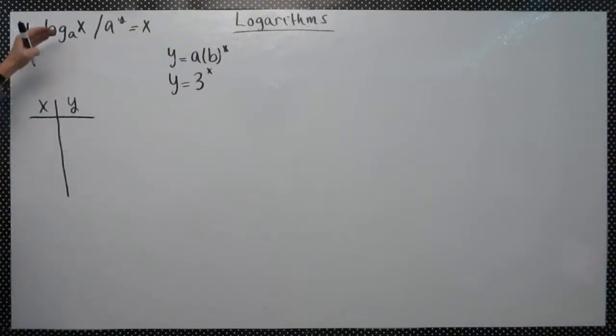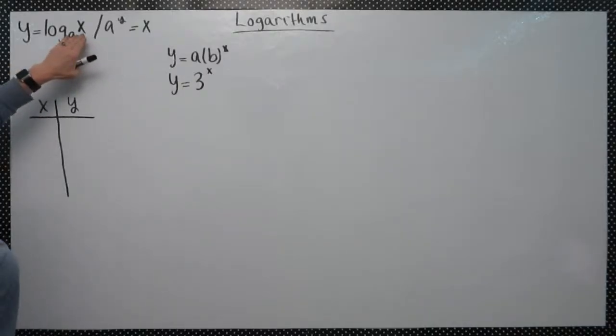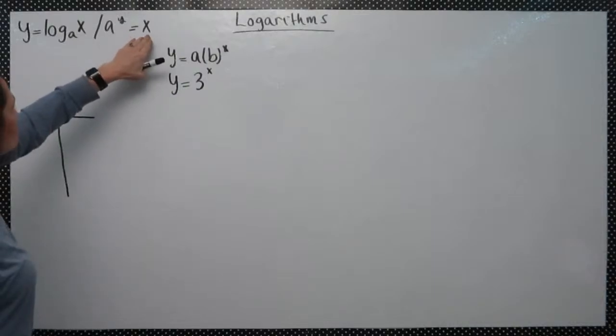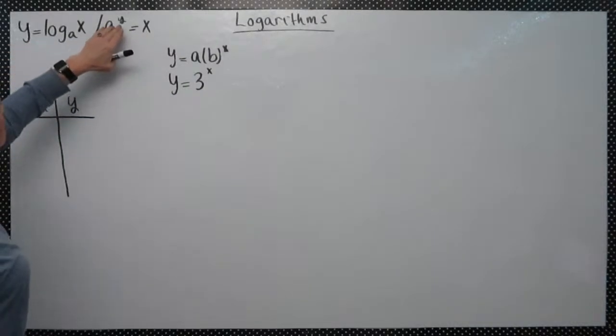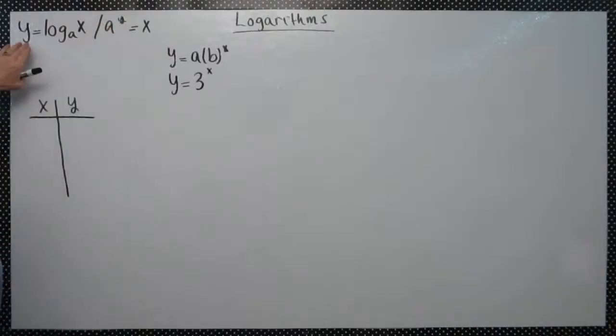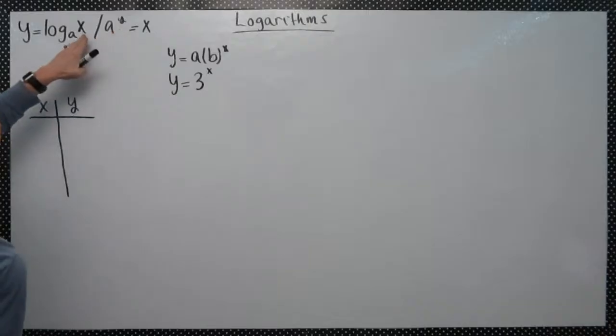This is the base, and this is the answer to the exponent, and then y is actually the exponent that it's raised to. So this is what log is calculating. What it's returning to you is the exponent that this base must be raised to obtain x.